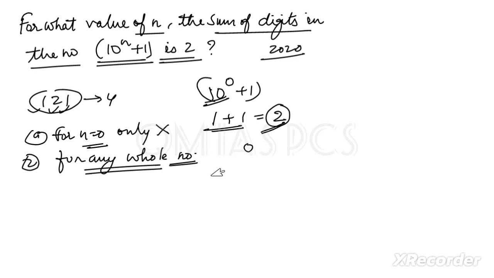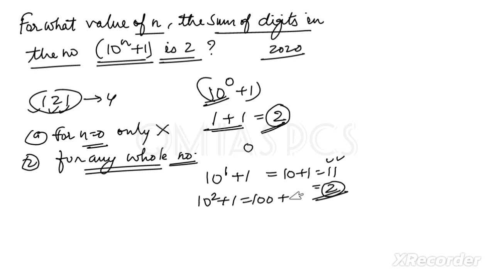In place of n we write 1, so it will be 10 plus 1, that is 11. 11 means 1 plus 1, that is 2, so we again get 2. 10 square plus 1 is 100 plus 1, that is 101, again 1 plus 0 plus 1 is 2. Similarly, 10 cube is 1000, so it will be 1001.